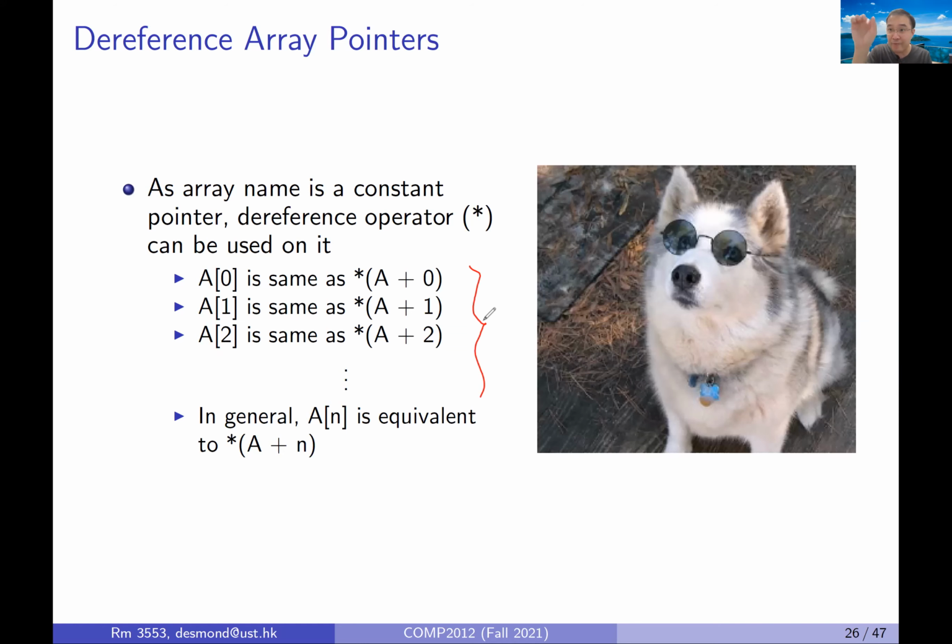You can do dereference to follow the arrow so that you can get the box, right? But there is a cool operator that can help you do both. That is square bracket. So if you can do this, you can actually do the same thing like this.